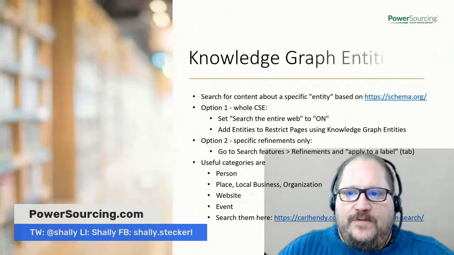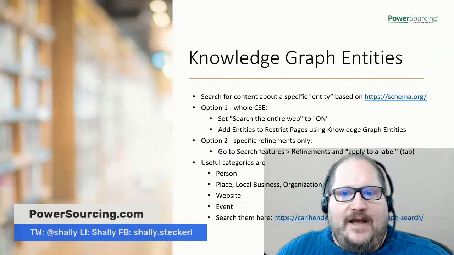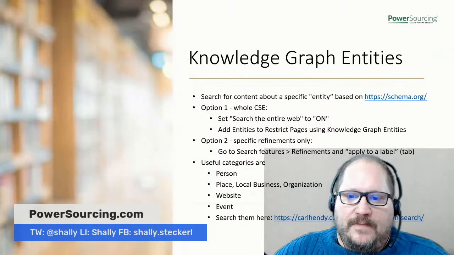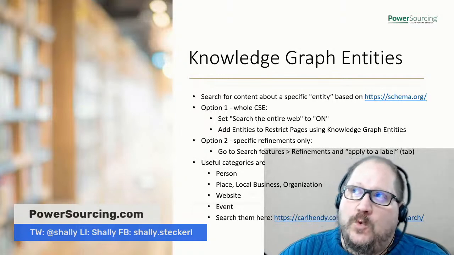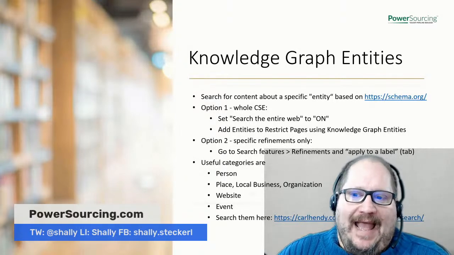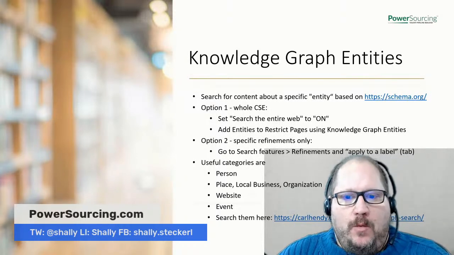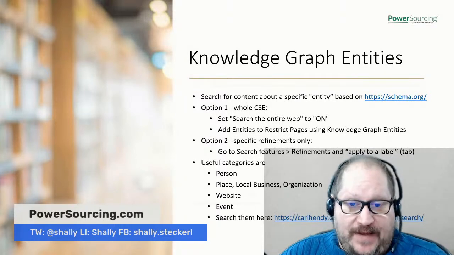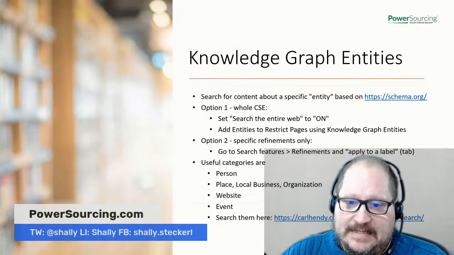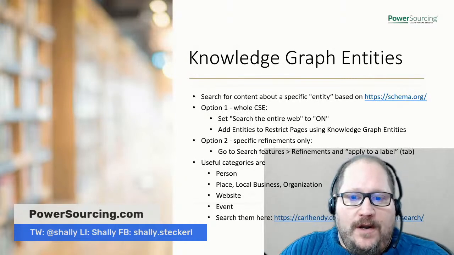Okay, so inside of your custom search engine, there are 2 ways that you can add restrictions to your search without having to get very specific on, say, for example, the websites that you want to search or search strings that you have constructed.